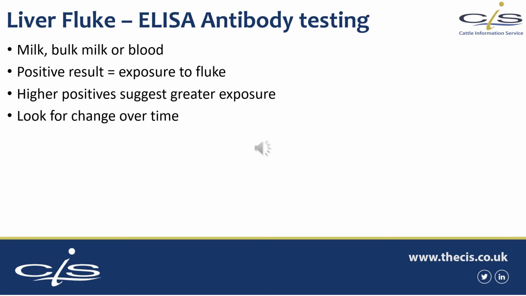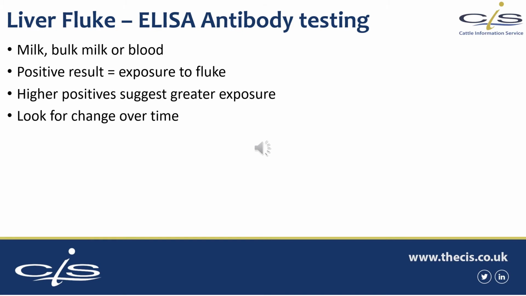So focusing on the ELISA testing predominantly, ELISA tests that we're using here are for antibodies, and if we remember back to one of those webinars where we talked about the different types of testing, antibodies are produced as a response to a disease, an infection or a pathogen. So all they show us is that something has been exposed to a disease.